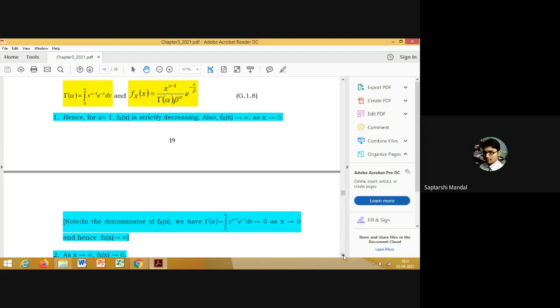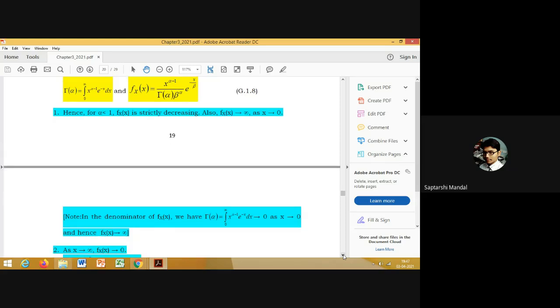Ma'am, the numerator also contains x to the power alpha minus 1. So if x tends to 0, then it will be like 0 by 0, because the numerator is also tending to 0 and the denominator is also tending to 0.